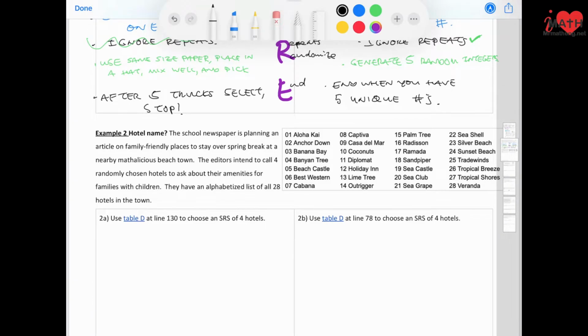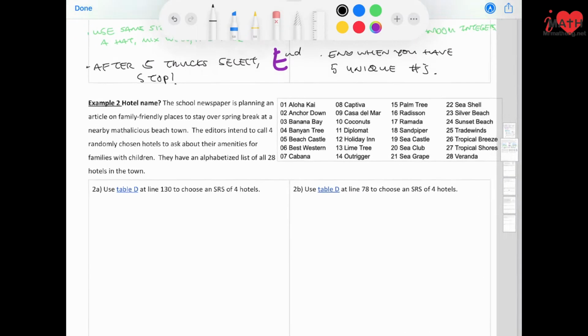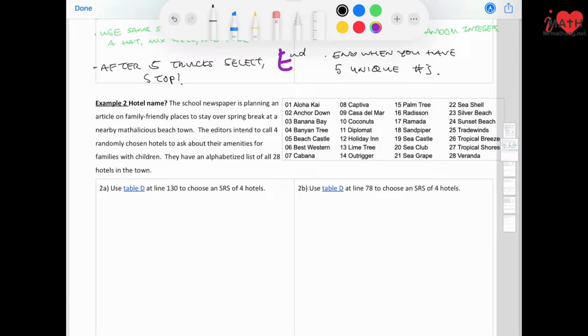Let's do a different example. Example number 2, hotel name. So this is now using what is called a random digit table.